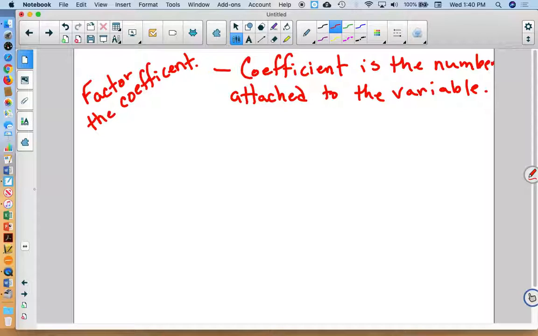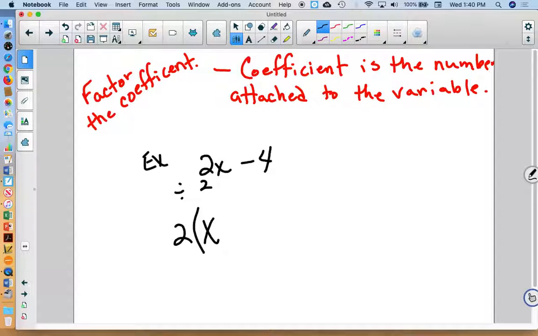For example, 2x minus 4, and you need to factor out the coefficient. Well, 2 is my coefficient. So I'm going to factor out the 2. Divide by 2, so 2 comes out. 2 divided by 2 is x, minus, divide 4 by 2, x minus 2.